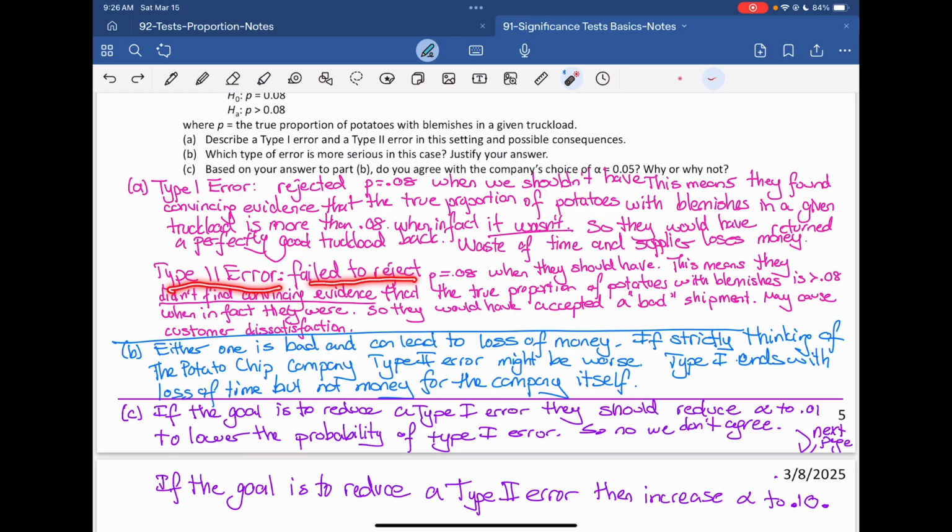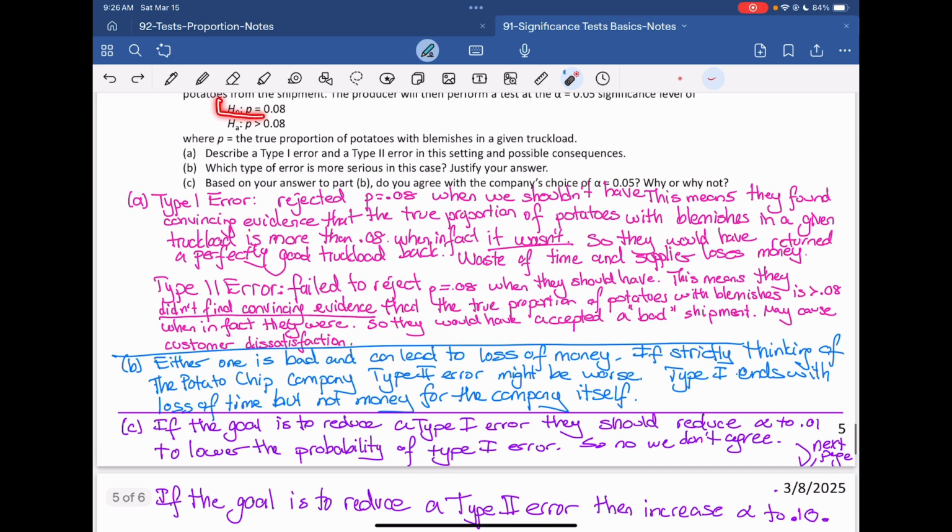Failed to reject. So we failed to reject the null, which is P equals 0.08, the proportion, when they should have. In other words, failed to reject this, which means no evidence for that. That means they believe the true proportion is about 0.08 of the potatoes blemished, but in fact this is wrong. So what would they have done?